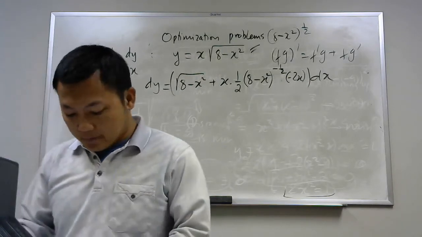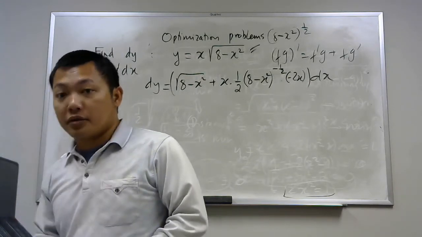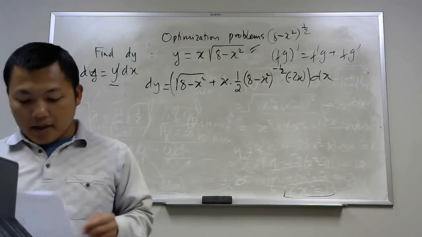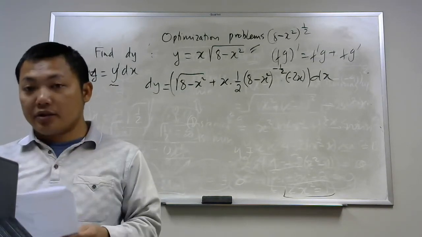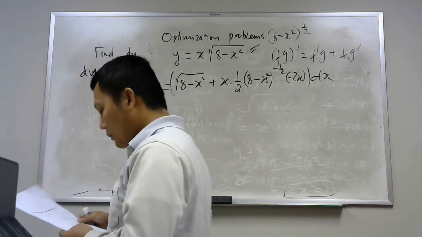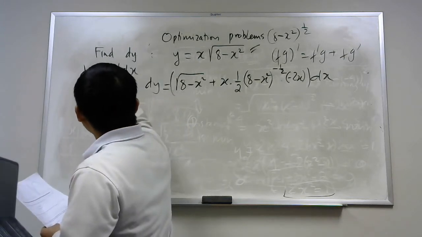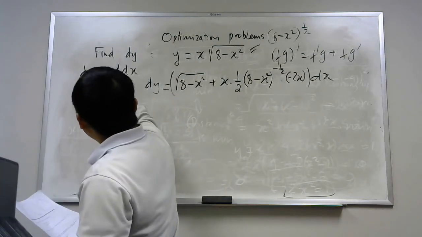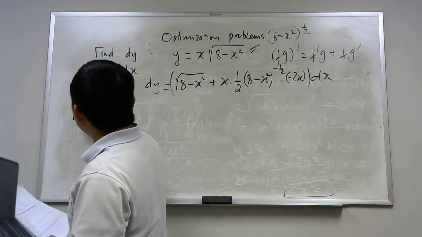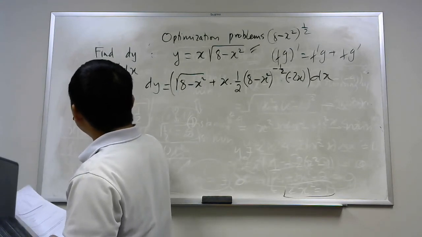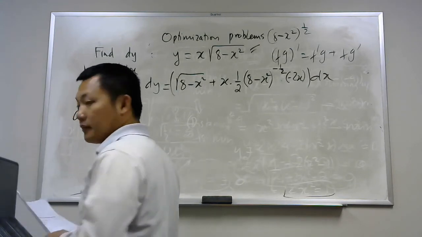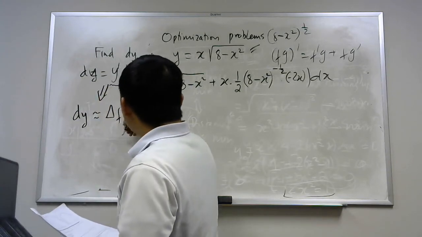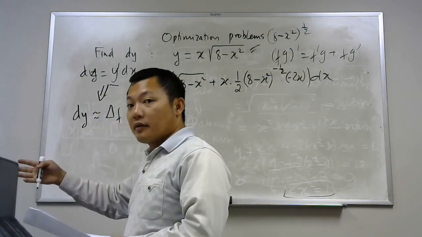All right. So the last question. Use differential to approximate delta y, I mean the change in the function. So in here, we can write, dy is approximately equal to delta f. What is delta f? Delta f is the change of function.